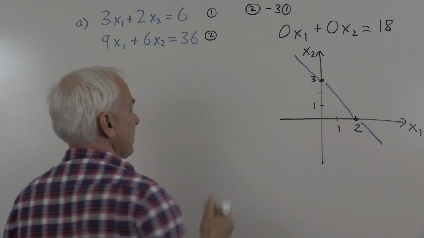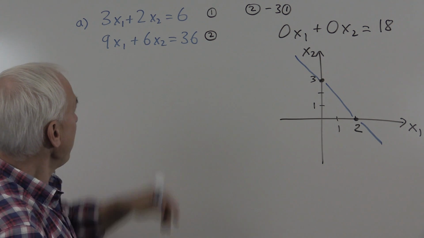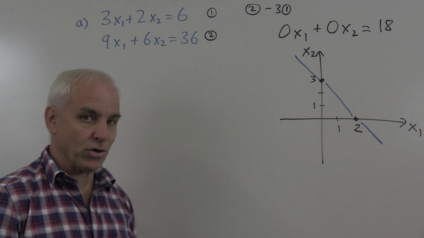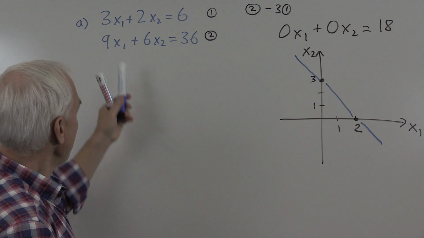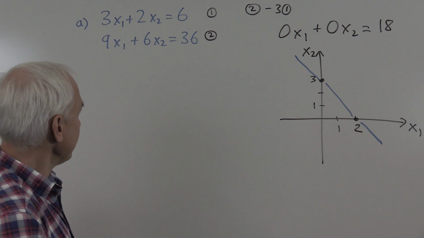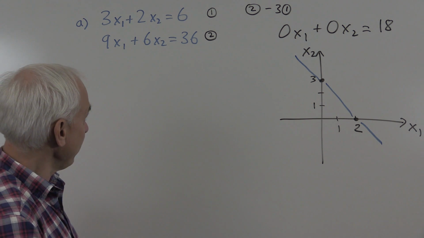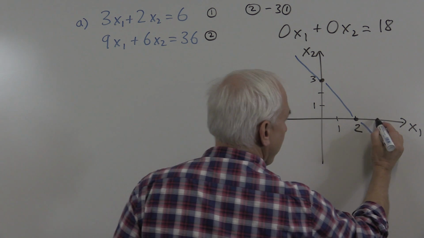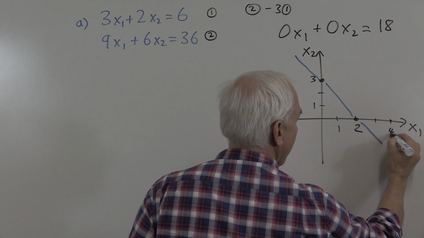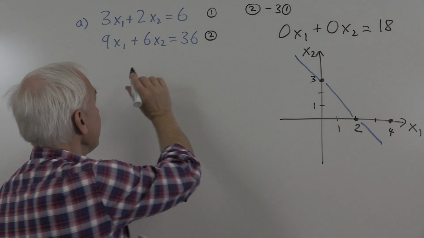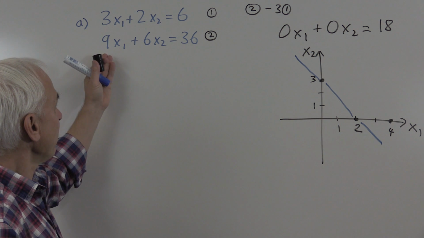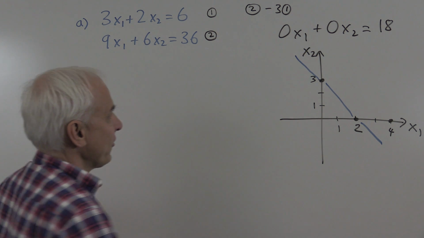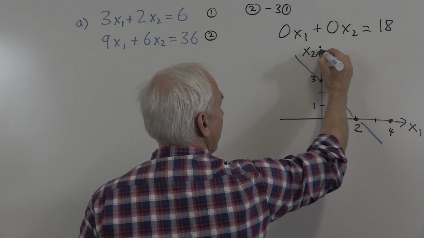All right, that's the first line. And what about the second one? Well, 9x1 plus 6x2 equals 36. Again, we could look for x and y intercepts. So if we set x2 equal to 0 and solve for x1, we get x1 is 36 over 9, which is 4. That would be over here. And if we set x1 equal to 0, solve for x2, we would get x2 equals 6, which would be up here somewhere.